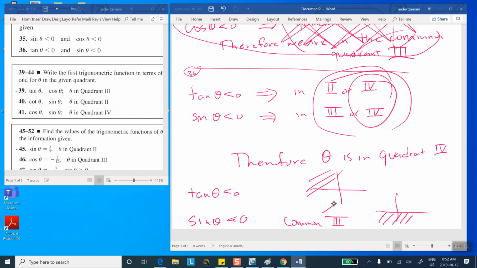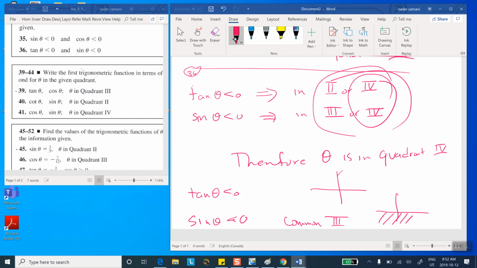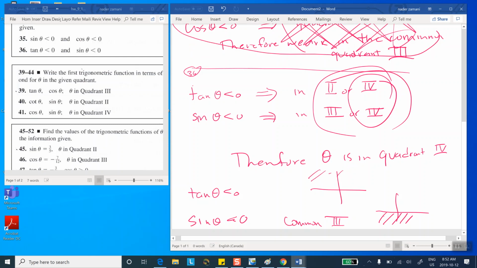This is not correct. When it came to drawing, I didn't do a good job here. This is in quadrant 2. You're either here or there. And the common, of course, is quadrant 4. This was wrong. Quadrant 4. Okay, good. Move on.